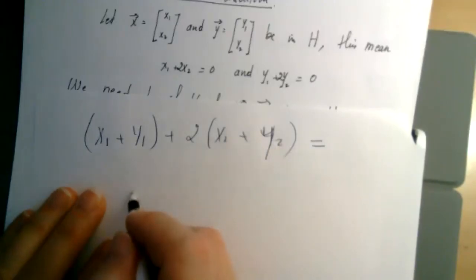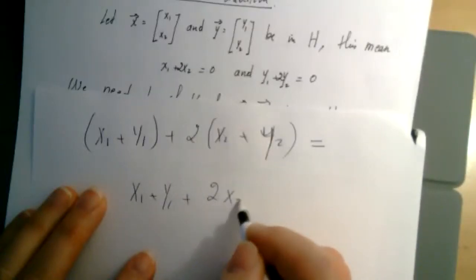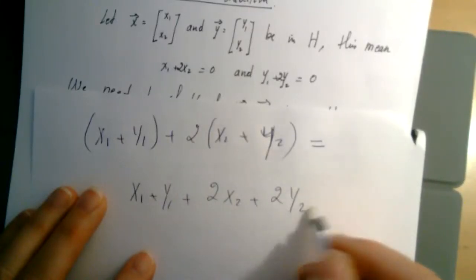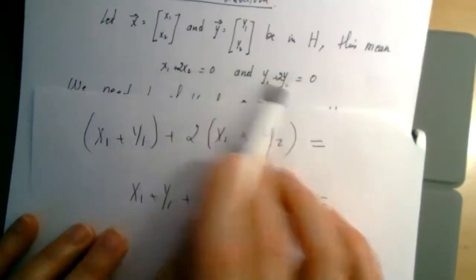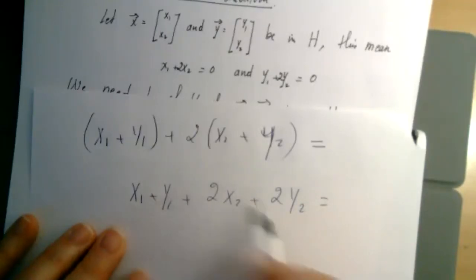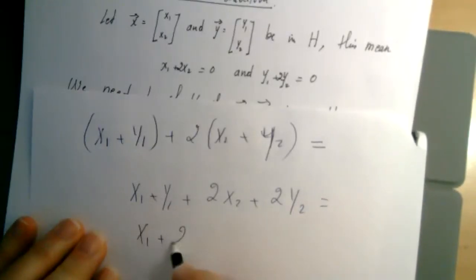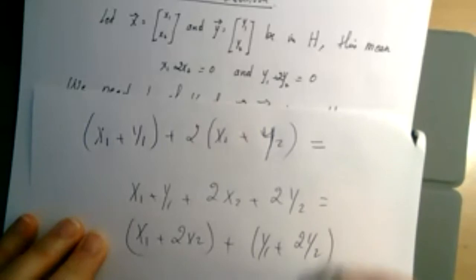All right, to convince you it's equal to 0, I took x1 plus y1 plus 2 times x2 plus y2. And I start rearranging the terms because I want to use the fact that my starting vectors have their properties. So I arrange the terms this way and rearrange, just play a little bit with the terms.